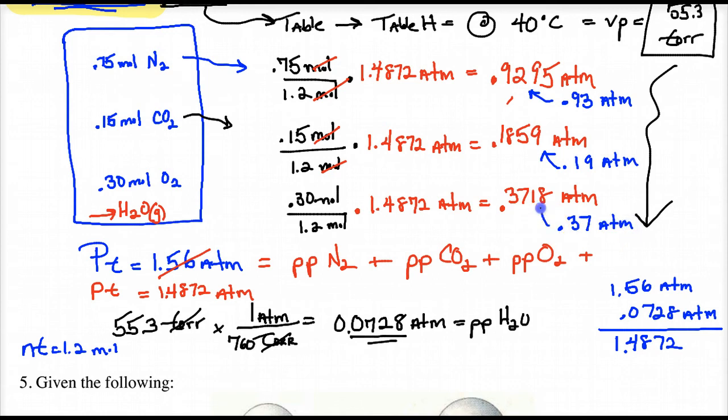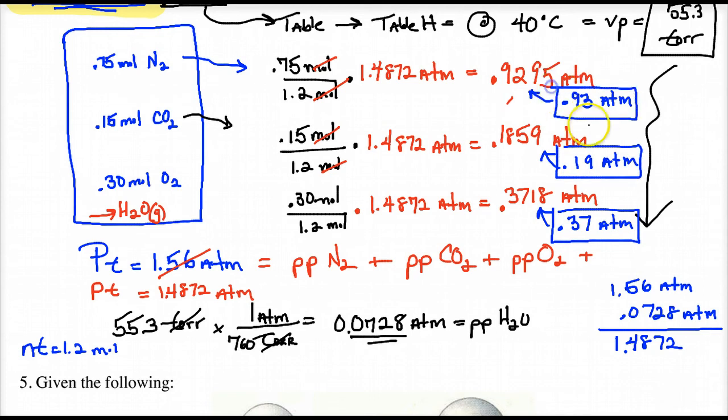And if you add these up, and these are your answers, they should equal approximately your total pressure. Right? Part equals whole. Dalton's law states if you take 0.93, 0.19, 0.37.